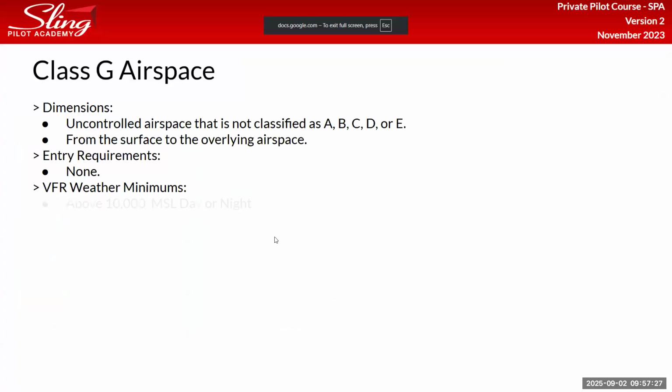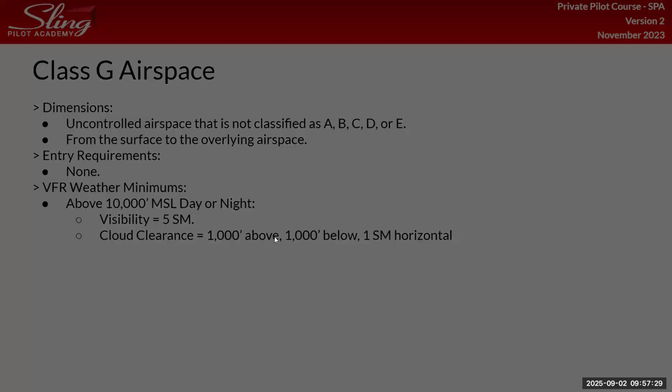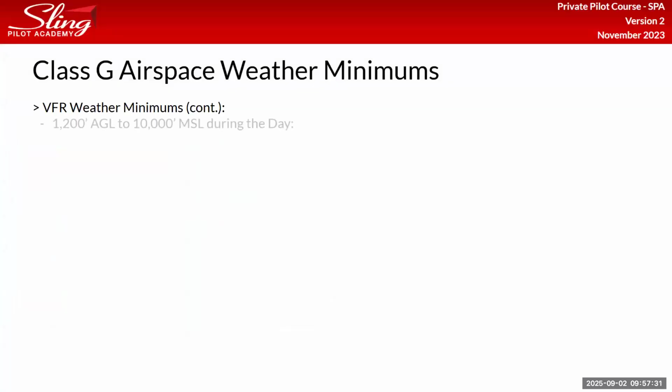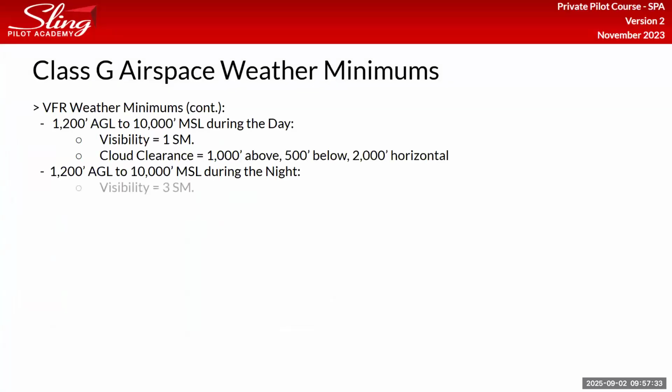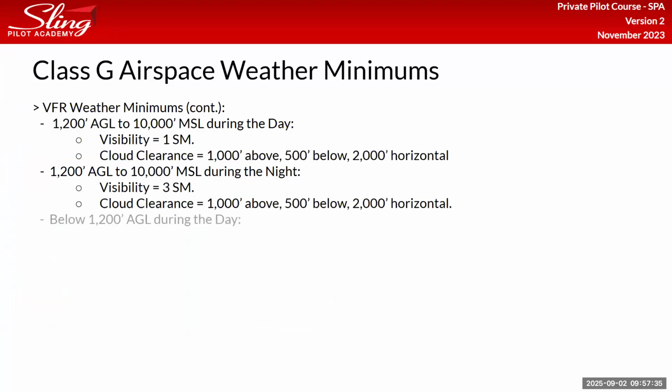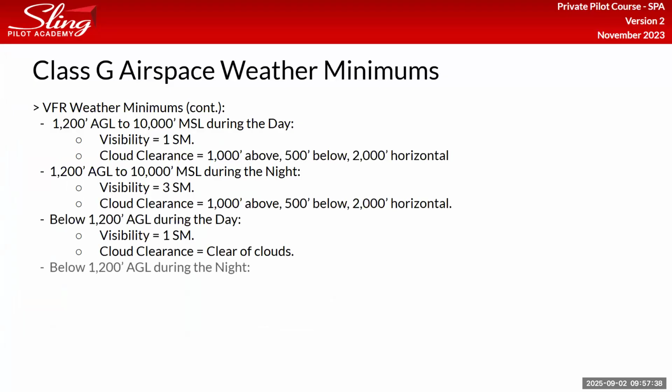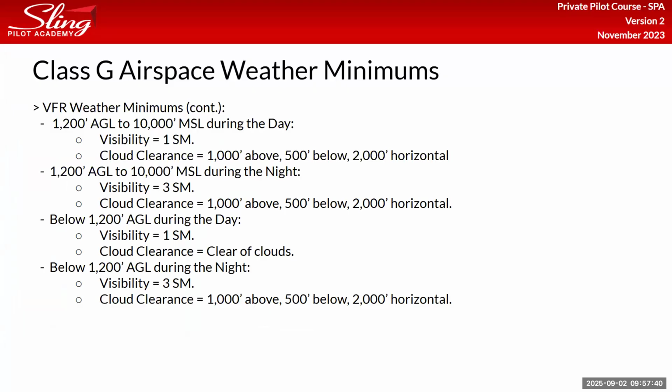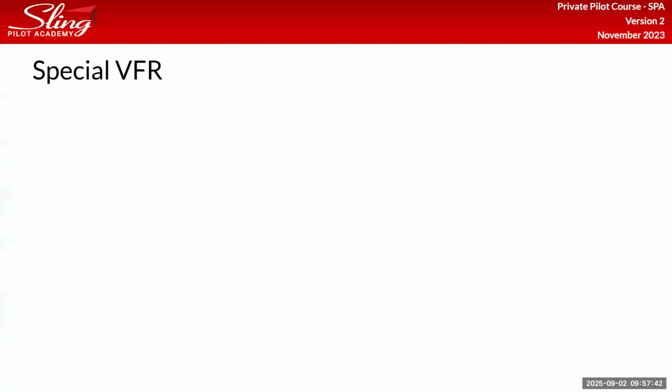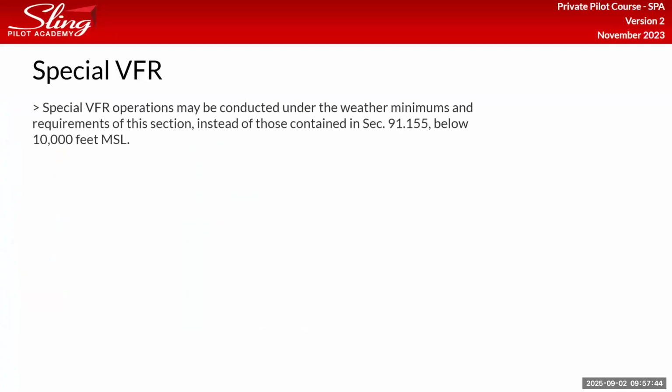All right, moving over. Golf. Here, this is in the triangle, so just look at the triangle. Don't try to write all that down. Okay, special VFR. Special VFR is something that you can ask ATC for, and they can give you a special VFR clearance.